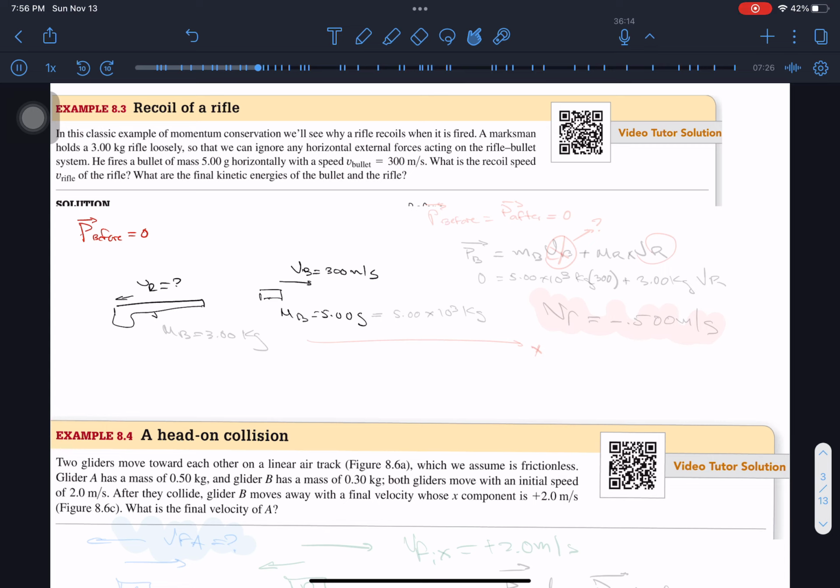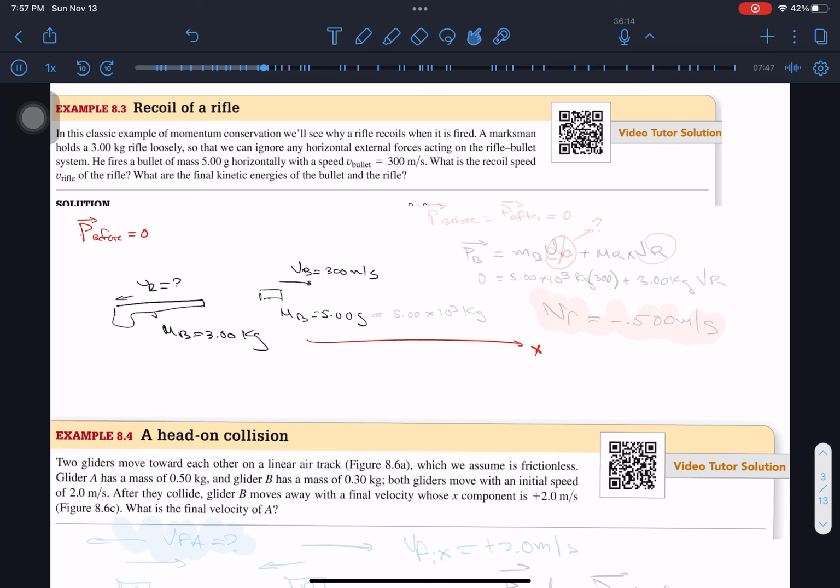We also know the mass of the rifle, which is 3 kilograms. And we assume that the x-axis is like this, positive x to the right, negative x to the left.